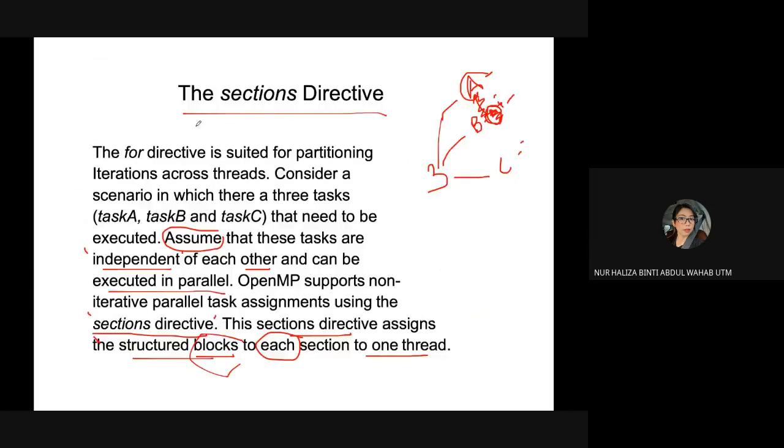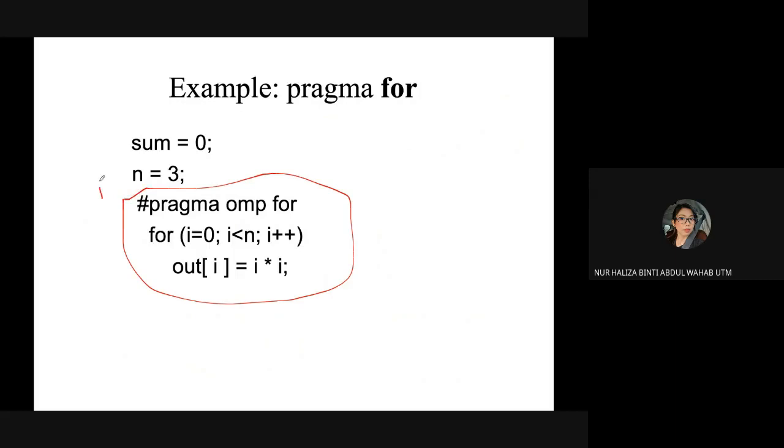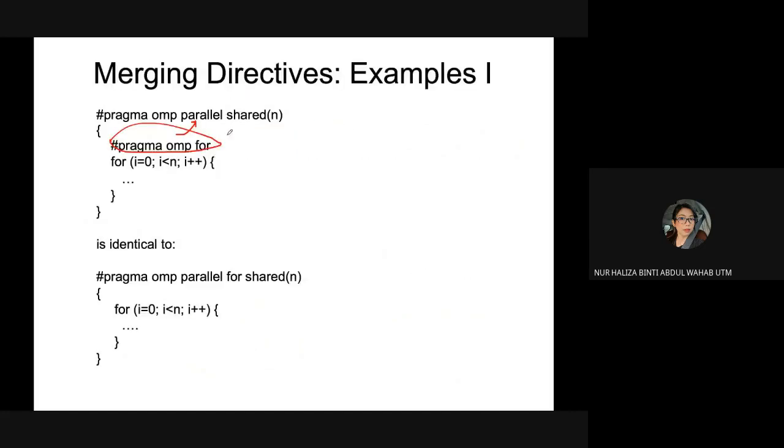If you have pragma for over here before your loop, you're going to have parallel, so you can just remove it and combine the for into your parent like this. So you combine it with your parallel, and it's going to be like this.